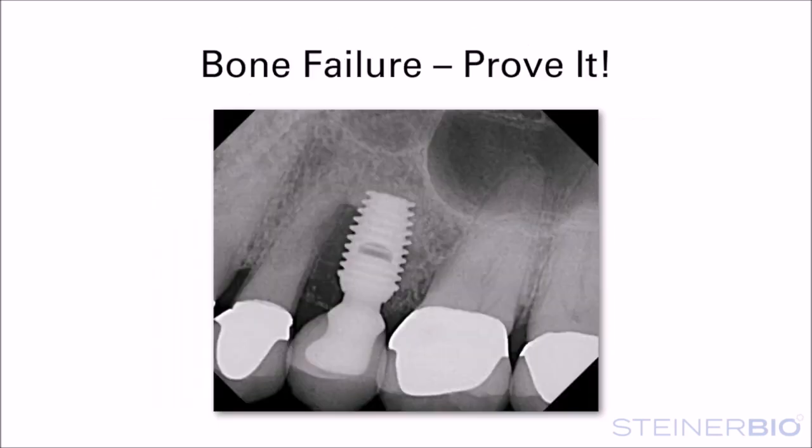So I am showing you sclerotic bone, telling you that sclerotic bone is the reason why your implants are falling out. But let's talk a little bit about how you can prove it to yourself that actually what's happening is the bone grafts are failing, and that's the reason why you're losing the implant. Well, as we know, in periimplantitis and periodontal disease, you have inflammation caused by bacteria in the gingiva.